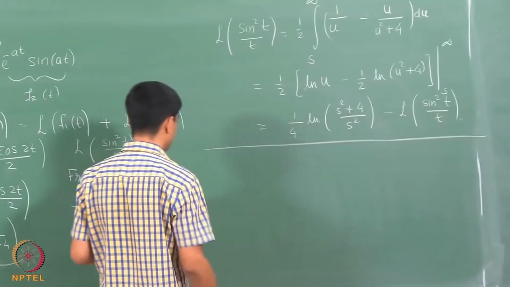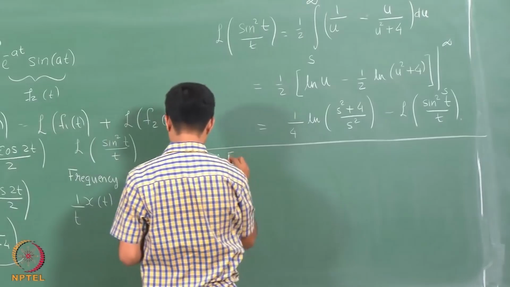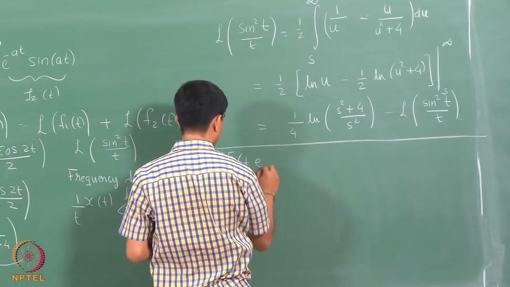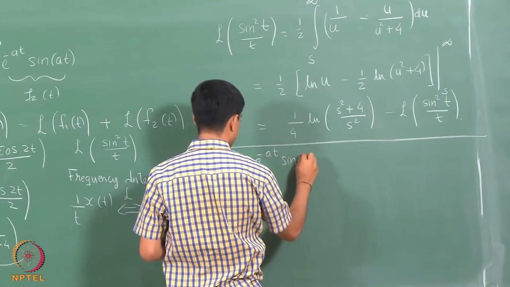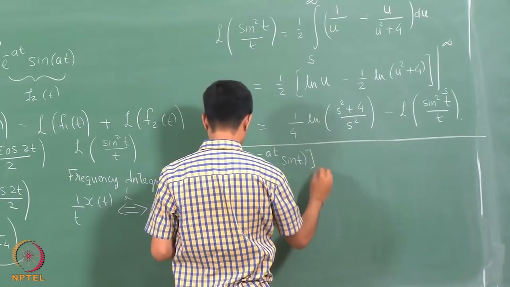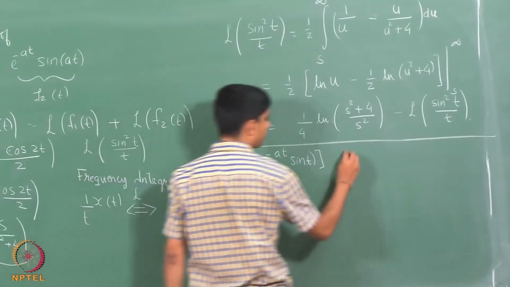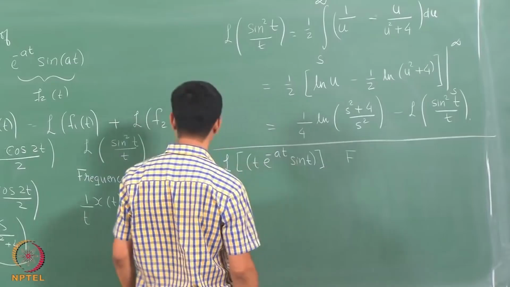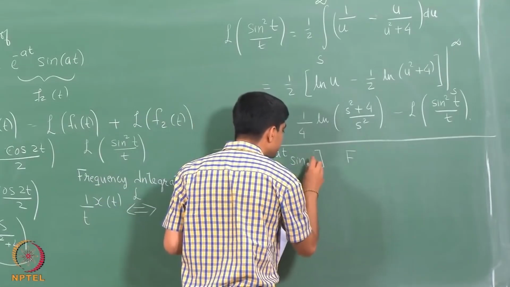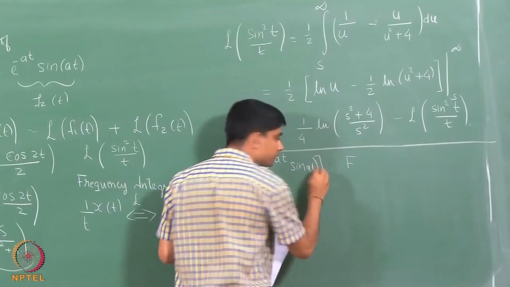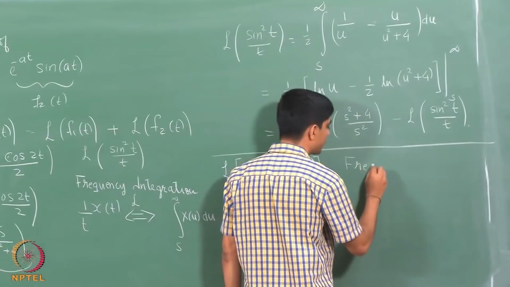Okay. So, next we need to compute the Laplace transform of the second signal, this guy, the Laplace transform of t e power minus a t sin of a t. Okay. Now, I use the frequency differentiation formula here.